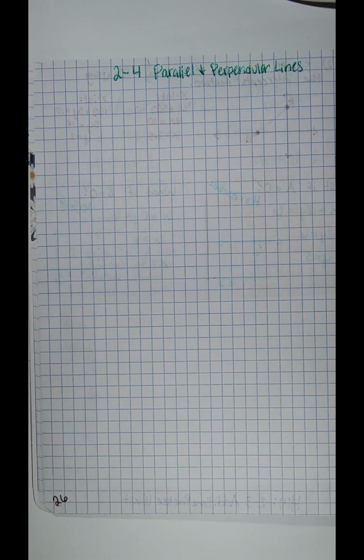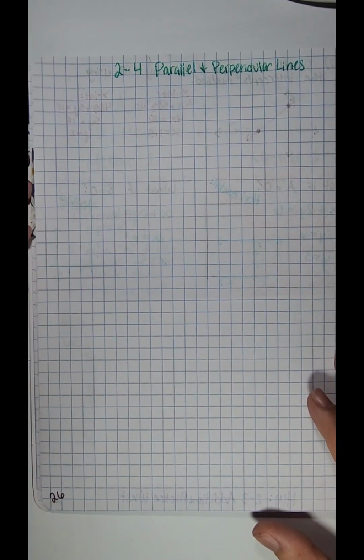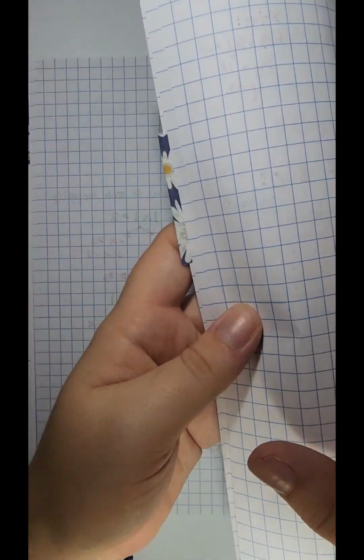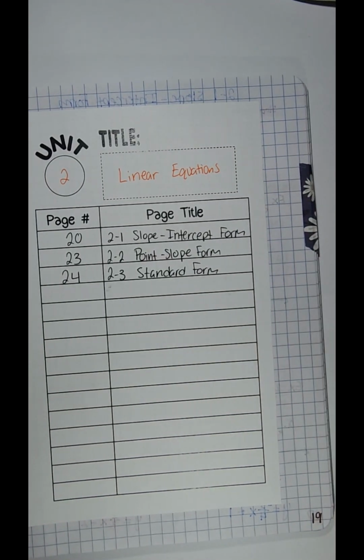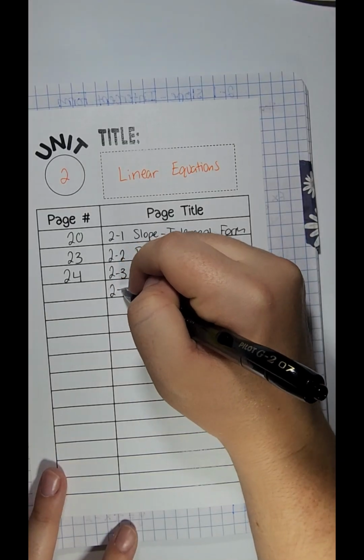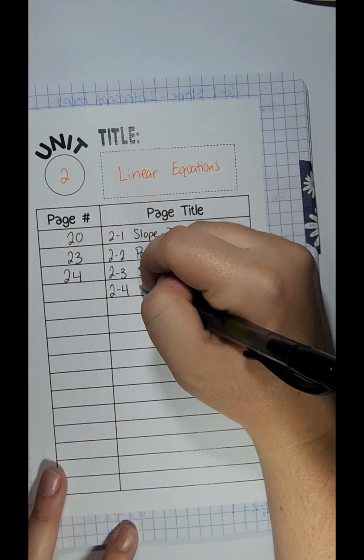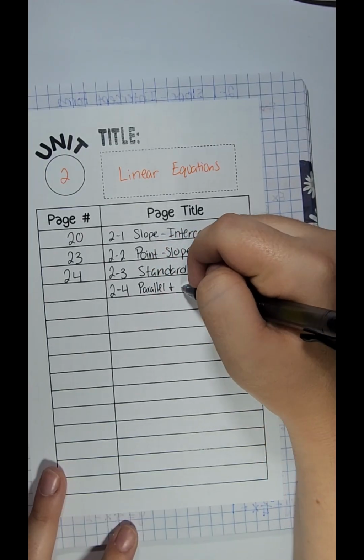Now that we have the title there, we are going to flip back to our unit organizer and fill in our current section. So we are in section 2.4. That was parallel and perpendicular lines.